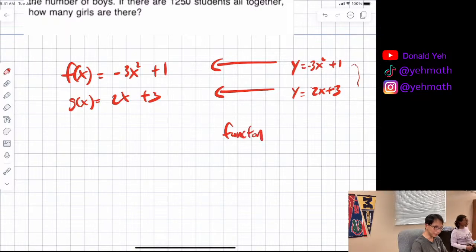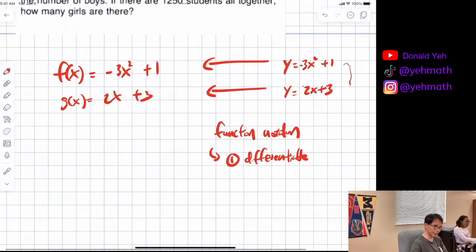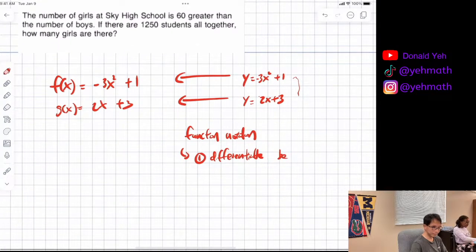Function notation has two reasons. One is to differentiate between two functions. Second is to understand transformation.